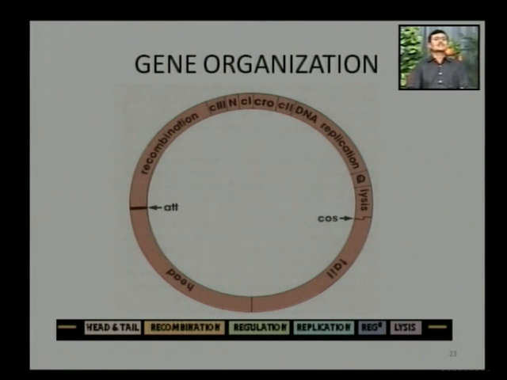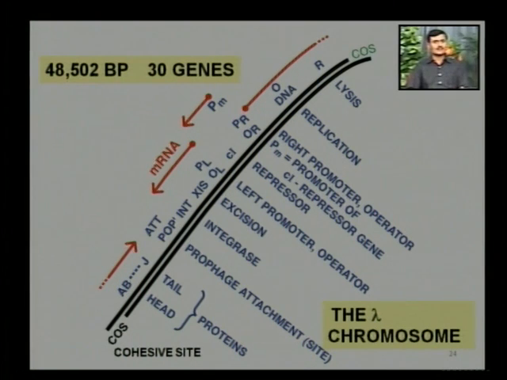Now we are going to see all these regions in a linear form. This is the same figure shown in linear form, which shows how these genes are arranged.